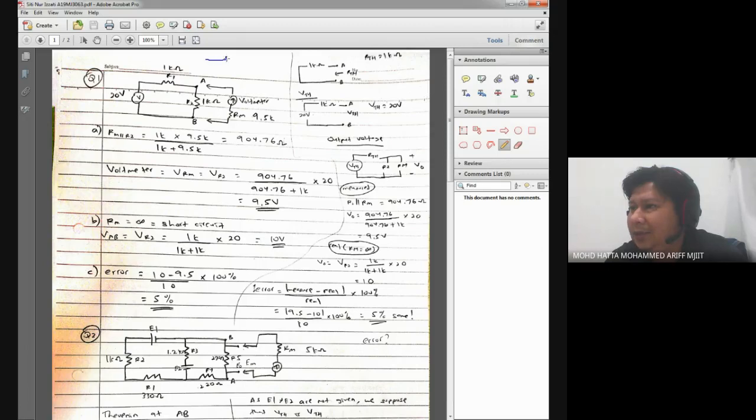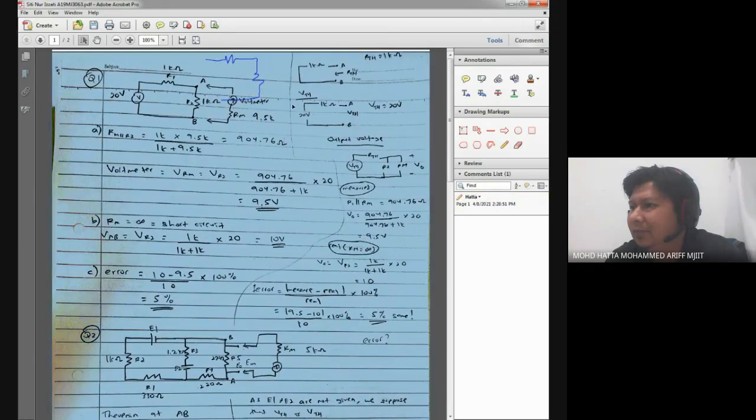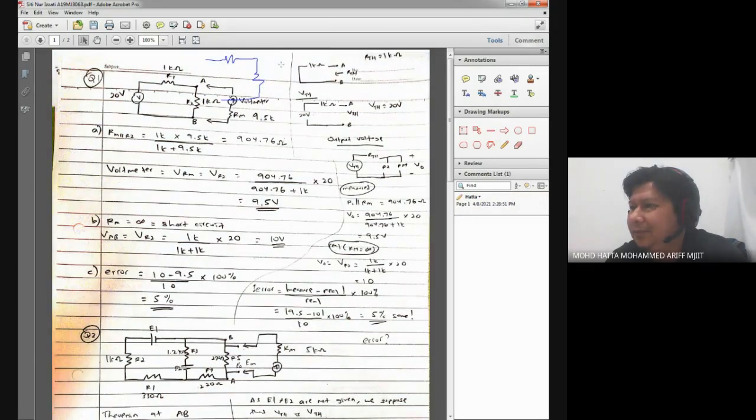Now you have a circuit like this, and you have another resistor over here. I don't like this one. Okay, maybe we should draw it again down here.